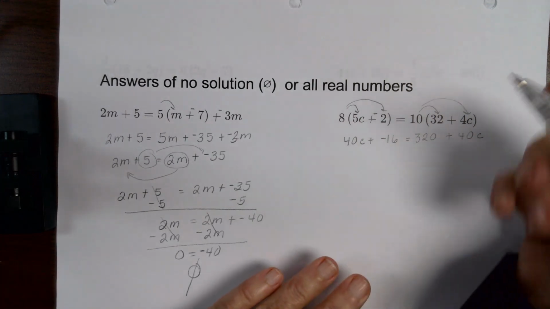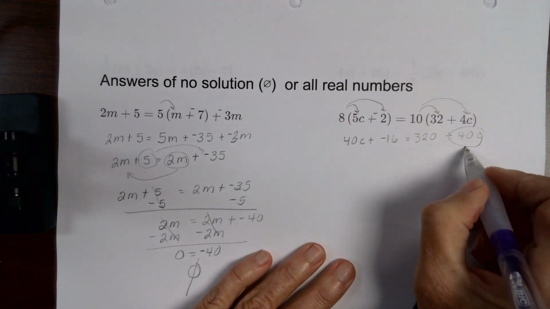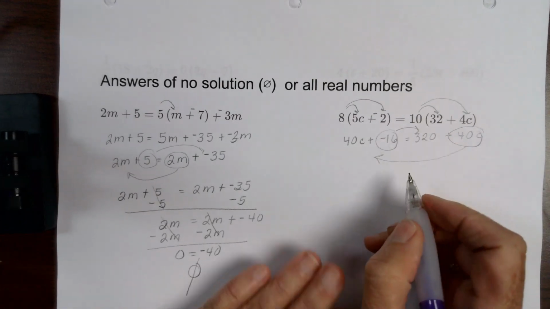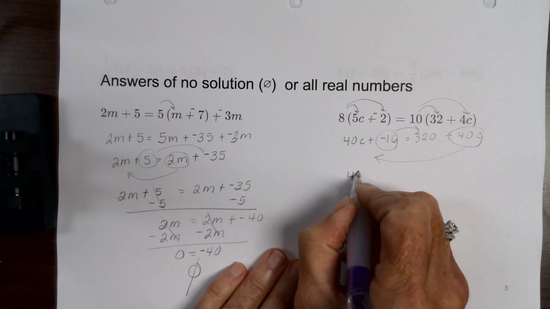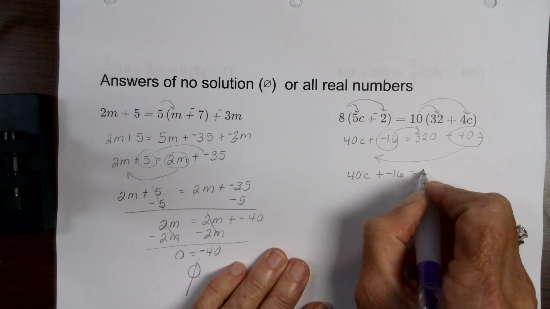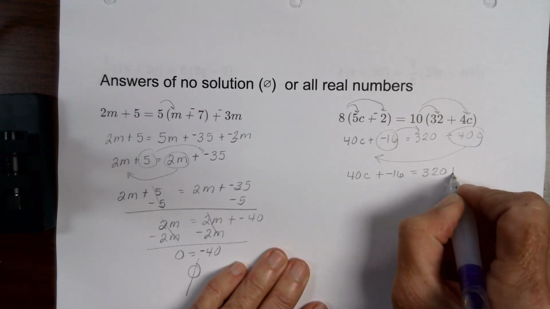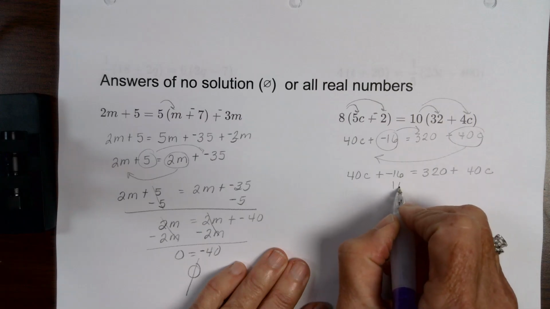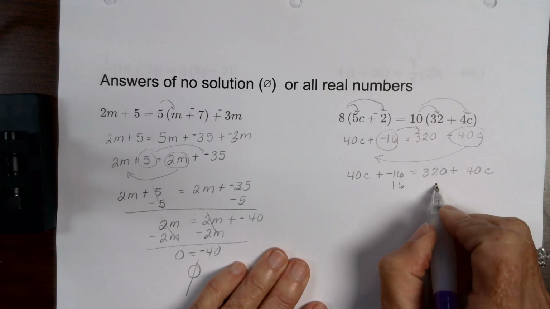So I want to bring my c's to the left-hand side and my numbers without the c's to the right-hand side. So I have 40c plus negative 16 is equal to 320 plus 40c. I'm going to add a positive 16 to both sides.